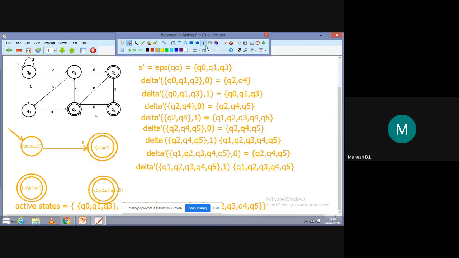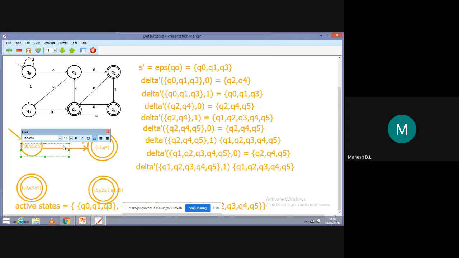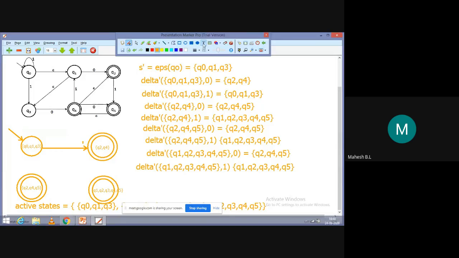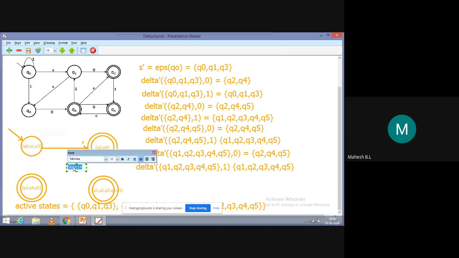Okay, that is on 0. We need to mention that. Then on 1 we are making a transition to itself.